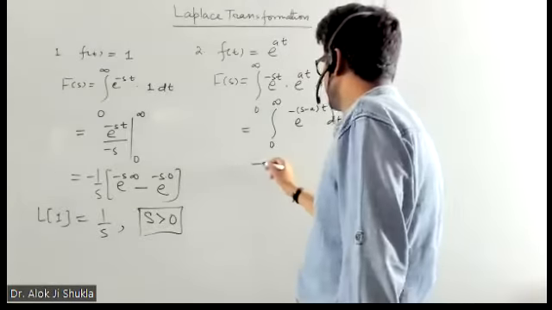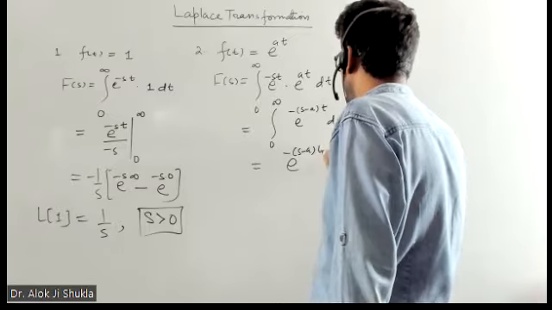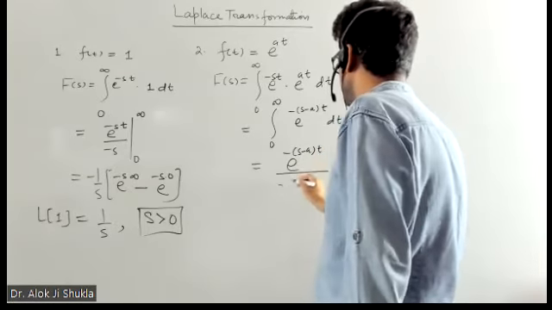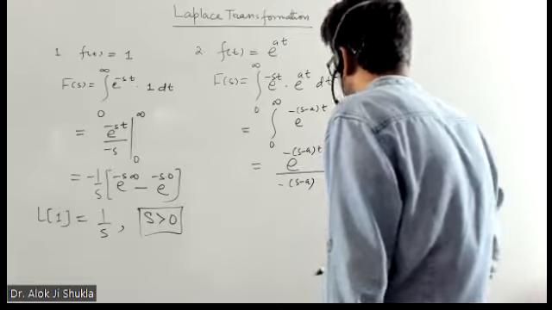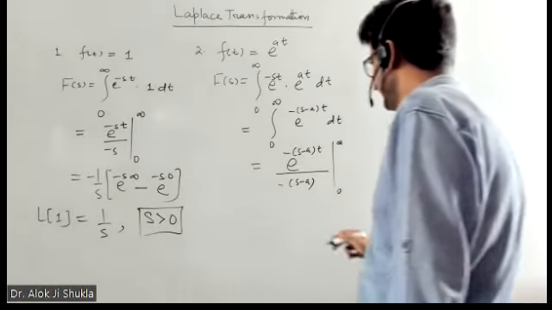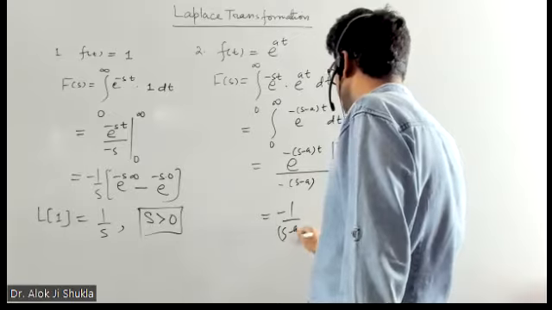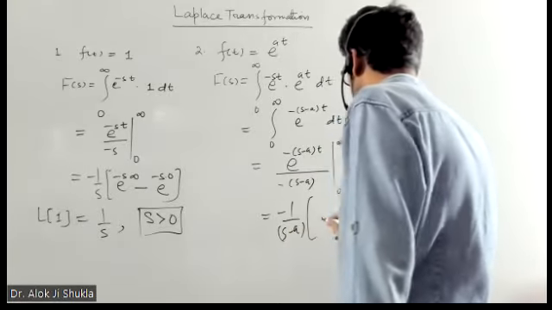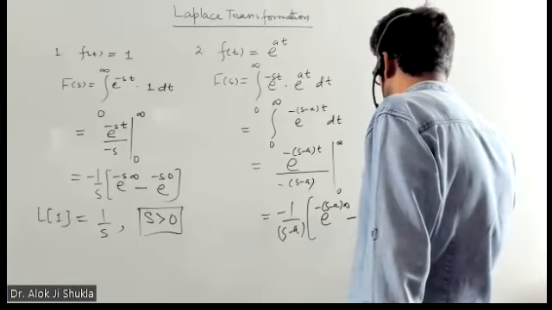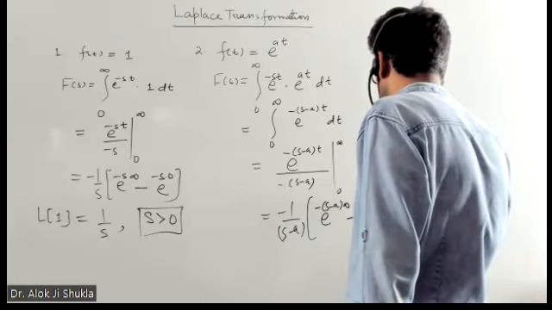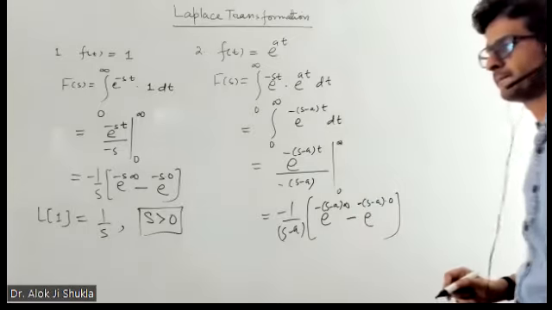Now this will become e to the power minus (s minus a)t over minus (s minus a), 0 to infinity. This will become minus 1 upon s minus a into e to the power minus (s minus a) infinity minus e to the power minus (s minus a) into 0.